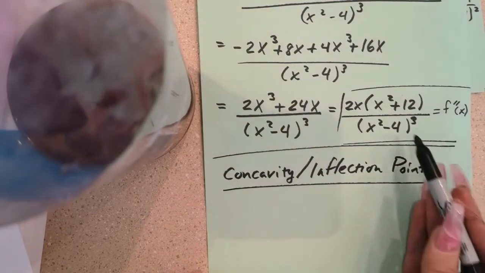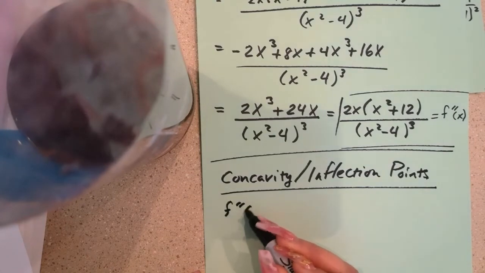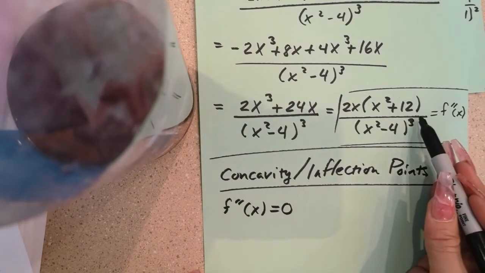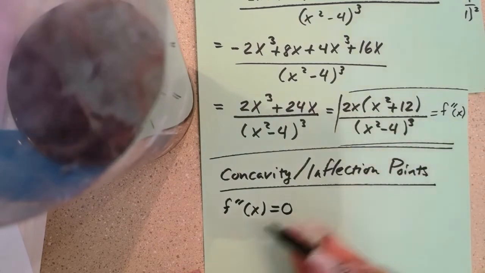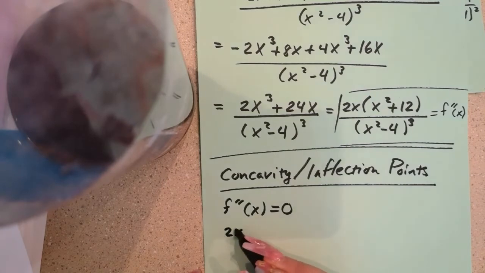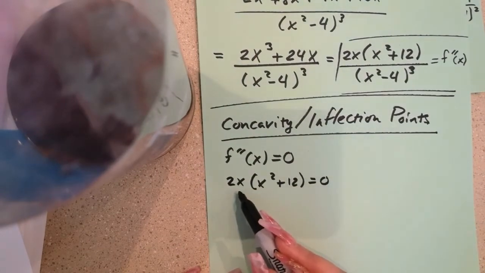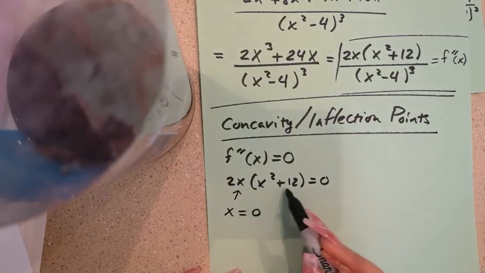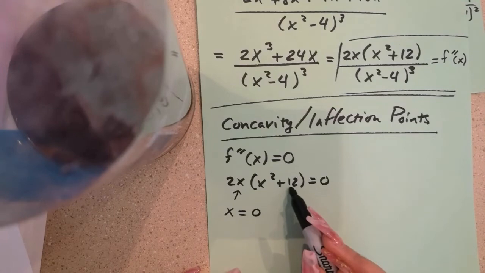So I'm looking again, well, at my second derivative this time. So let me see where the second derivative would be 0. If I set this guy to 0, this multiplies up, so I just have the numerator equals 0. But actually, the only place where the numerator is 0 would be when x equals 0, because this factor is never actually equal to 0. x squared cannot equal negative 12, right?